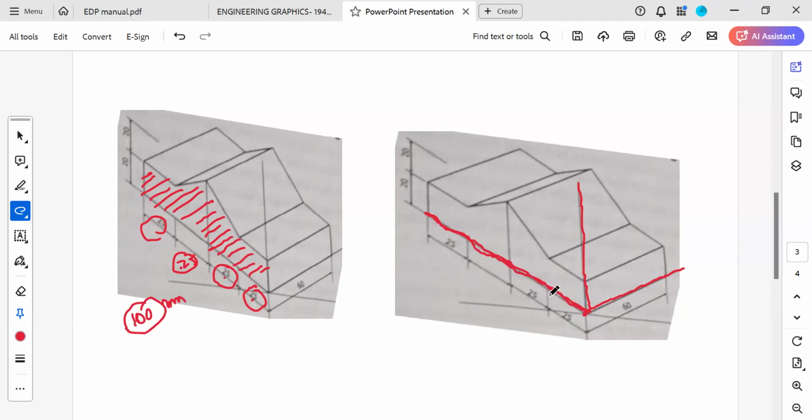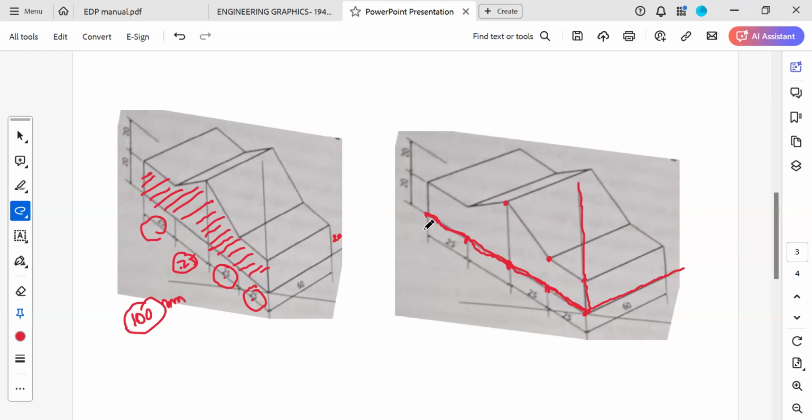Next, locate this point at 25 mm, and locate this one at 25 mm. Now the height of this one is 20 mm. So on this axis you measure 20 mm. From this point also you measure 20 mm. From this point you measure 50 mm.